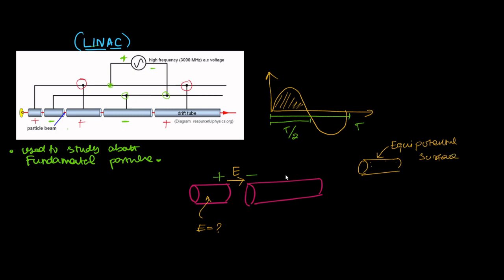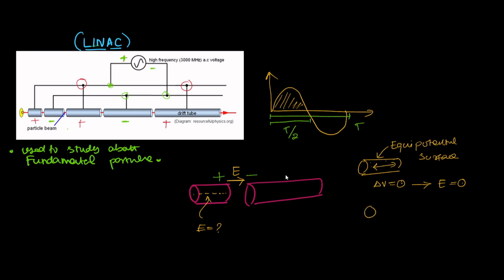When they have an equipotential surface, the voltage throughout is the same, hence the potential difference is zero. If the potential difference is zero, then the electric field is zero. So the electric field within the tube is zero.